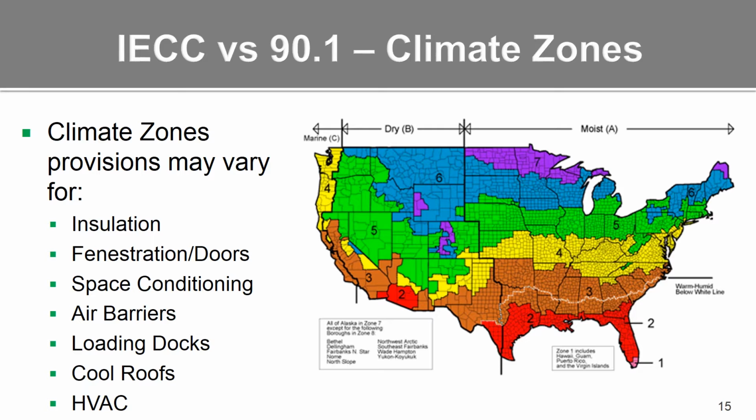So less insulation requirements would be in climate zones 1 and 2 as they would be up in 6, 7, and 8. So where the energy codes reference the climate zone map, it refers back to the insulation provisions, fenestration, doors, space conditioning, air barriers, loading docks, cool roof, and HVAC provisions.